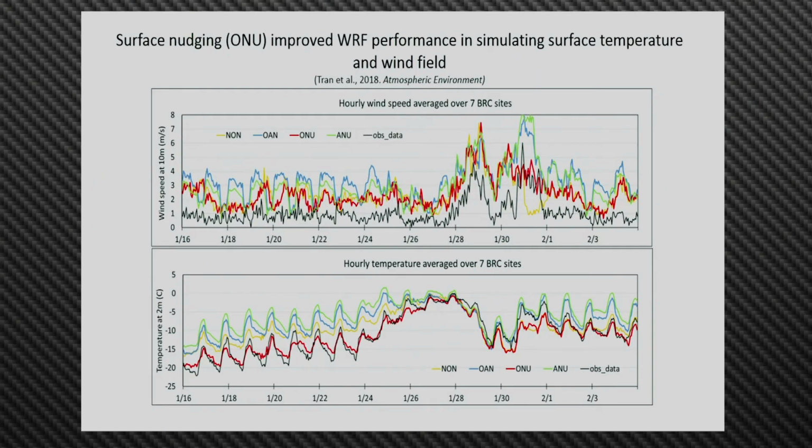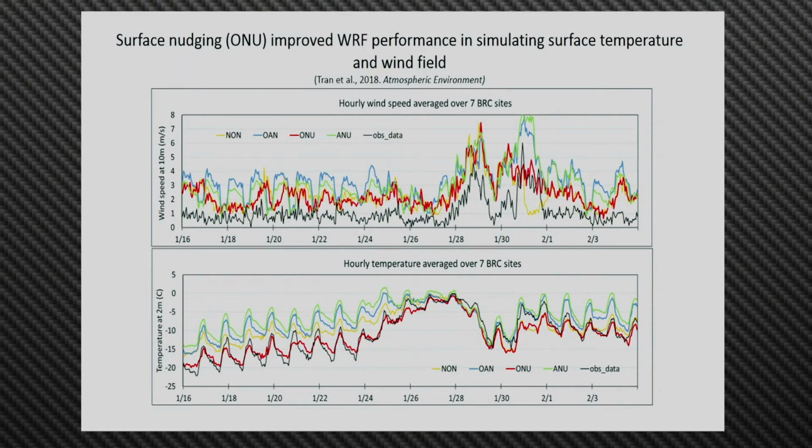I just mentioned that the default configuration from WRF tends to overestimate wind speed and also very low temperature during the inversion episode. This is the figure that we compare. The black line shows the measured wind speed, and the yellow line indicates the simulated wind speed from the default WRF configuration without any nudging. And the red line is the one where we apply the nudging approach using the surface monitoring data.